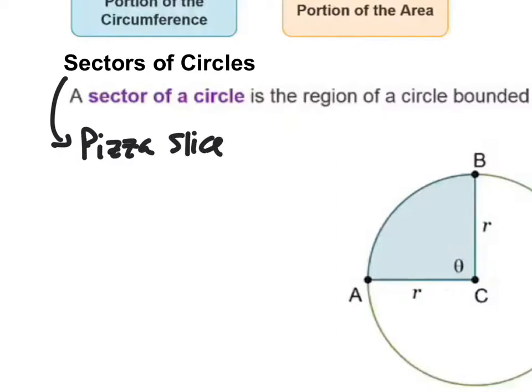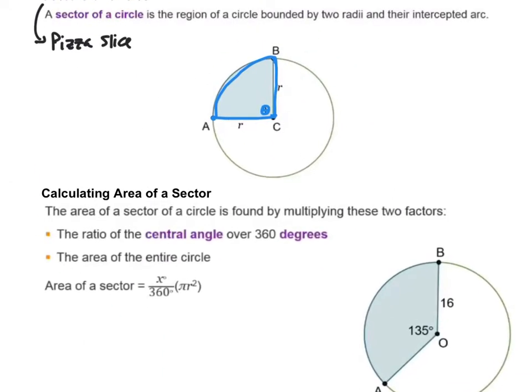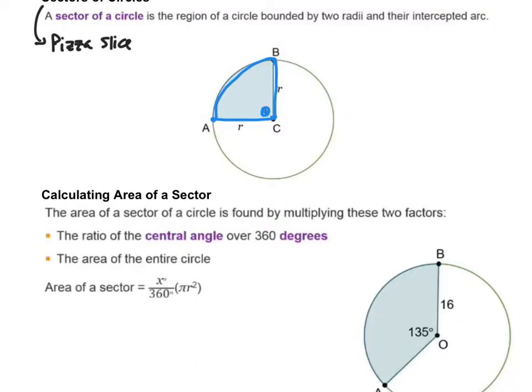We have these two radiuses here, and we have this angle here, theta, that we're going to have to know. Theta is important, and then we'll be able to calculate the area inside.